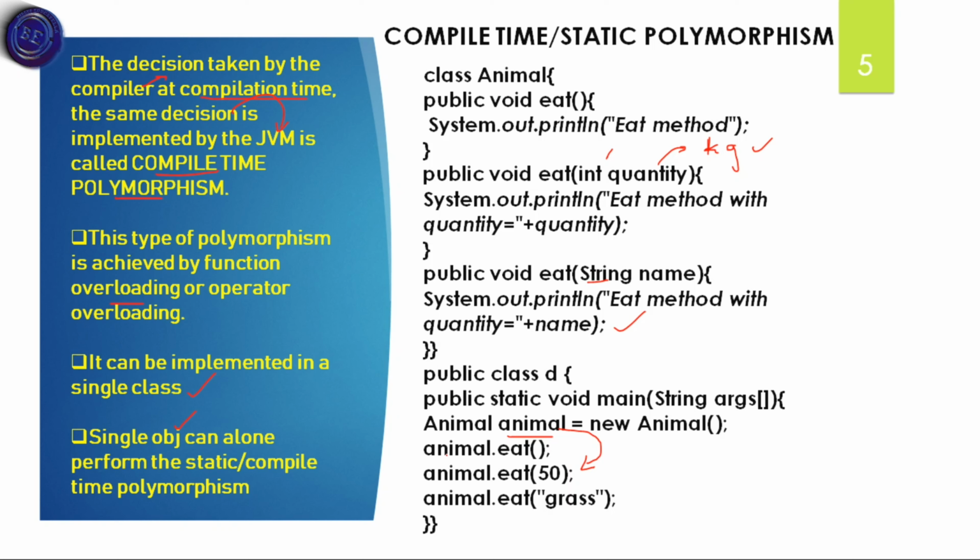Animal eat is an empty method, so we will get the eat method as an output. While we are giving eat quantity as 50, quantity 50 is printed, and while we are giving grass as an input, grass will be printed in this method. So the decision which is implemented in the JVM is taken by the compiler and it will print the output. In this way compile time polymorphism works.